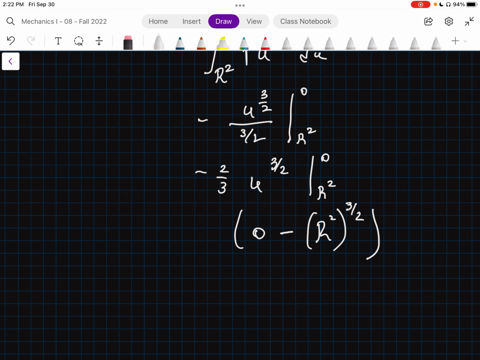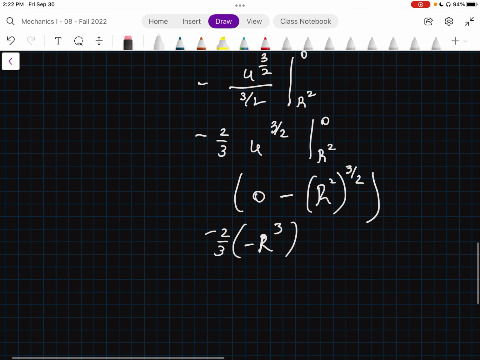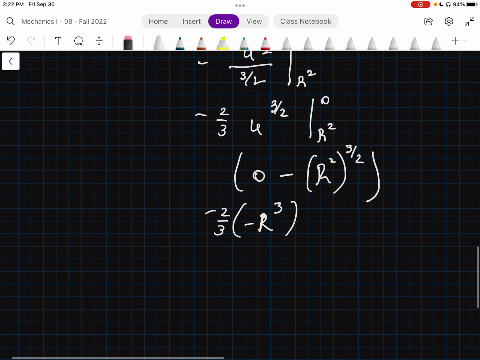So multiplying those together, 2 times 3/2, I get r cubed left, and a negative sign in front of that. And then out in front, I still have my 2/3 and the negative sign from when I did my u substitution. Okay, so then that y integration is 2/3 r cubed.